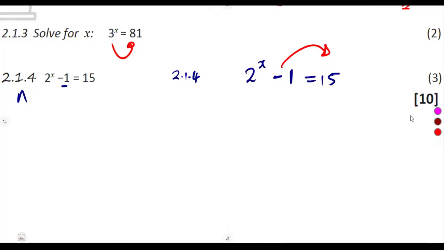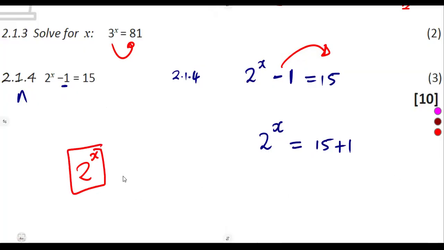Becomes a positive there. 2 to the exponent of x is equal to 15 plus 1. The 1 is not on the exponent. It's a number which is being subtracted from this on its own. Then it's like this: -1 is equal to 15.